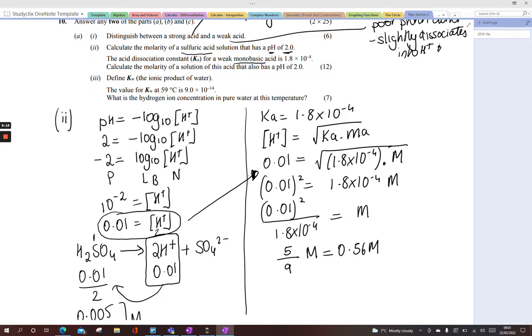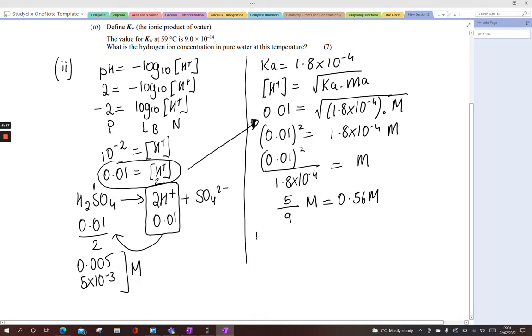Jeez, I didn't spread this one out so well. So in part 3, Kw, the ionic product of water, it's a product of the molar concentration of hydrogen ions times the hydroxide ions, sorry, that should be a minus, in water. So you can put that in words as well.